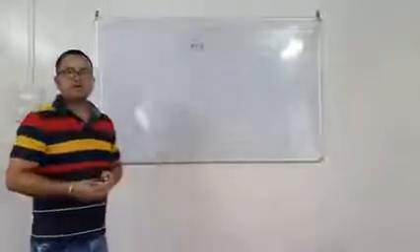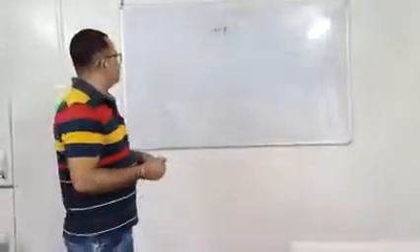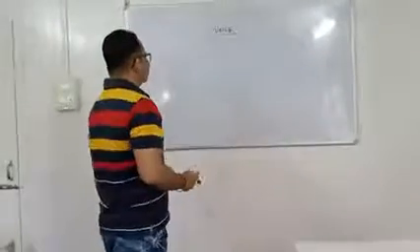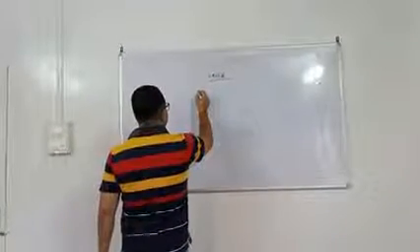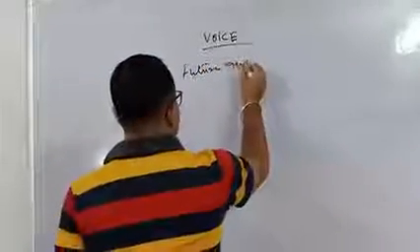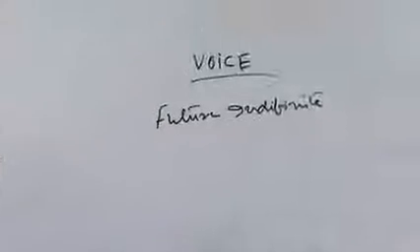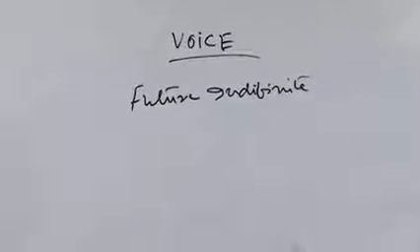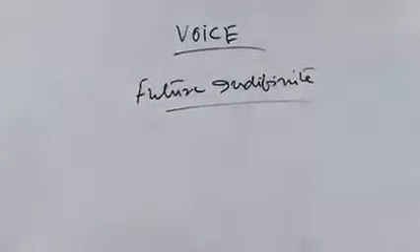Today I am going to teach you how we change the voice from active to passive if the sentence in the active voice is future indefinite or simple future. This is what I am going to teach you today right now.